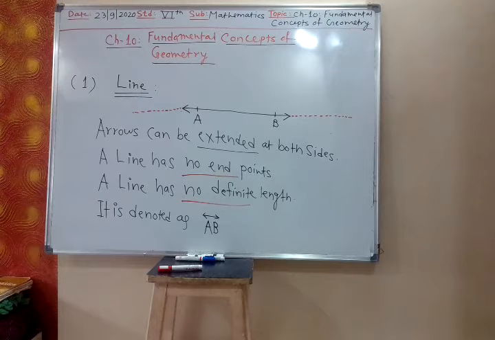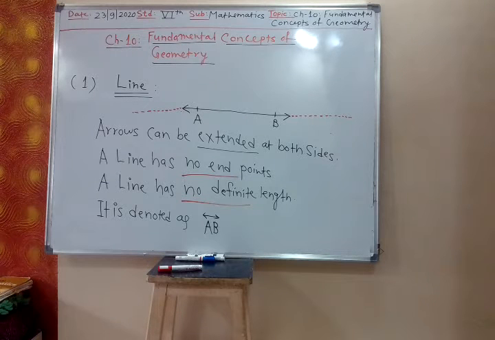Whenever there is arrow, you can extend it at that side. So A dash dash dash means A is extended further. Then B dash dash dash means B is extended further. So the board is very much clear. Whenever there is arrow at both the sides, it can be extended further.